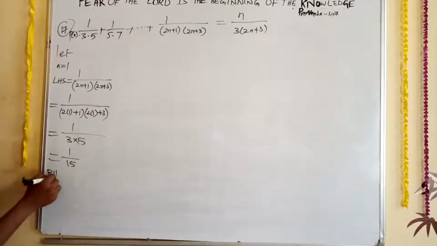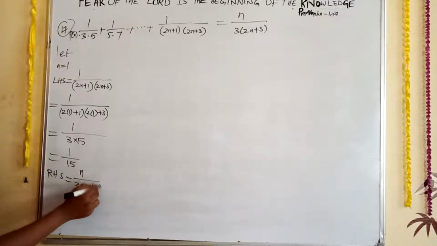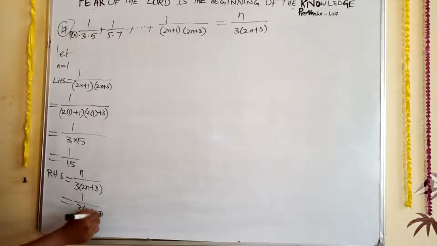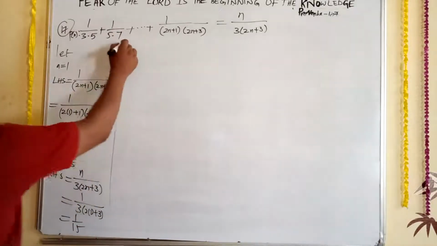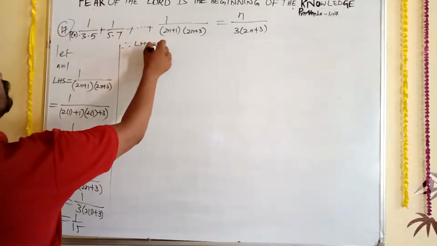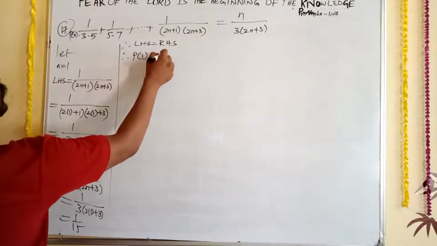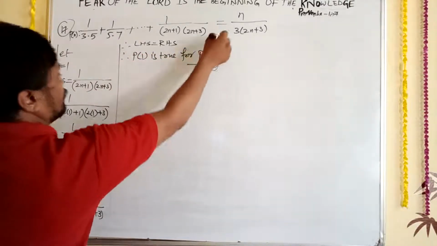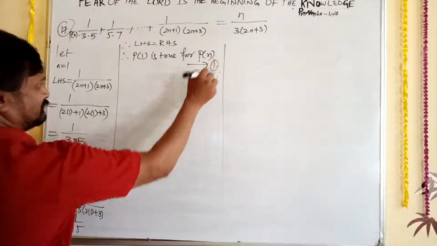RHS is n upon 3 into 2n plus 3. Substitute 1 upon 3 into 2 into 1 plus 3, 3 into 5 is 15, 1 upon 15. So at last, LHS is equal to RHS. Therefore, P of 1 is true for P of n, equation number 1.